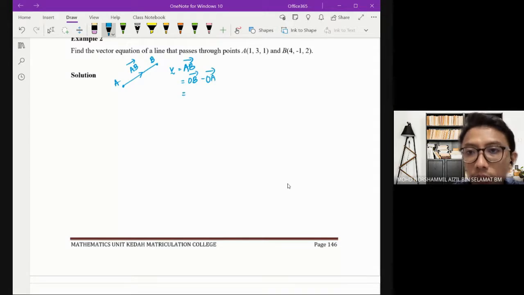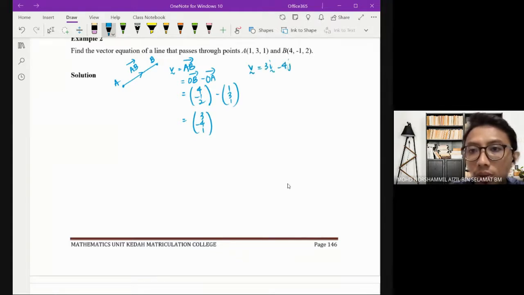So we need OB, 4, minus 1, 2, minus OA, 1, 3, 1. Let's calculate. It will be 3, minus 4, 1. So this is vector V, guys. Vector V is 3i minus 4j plus k.